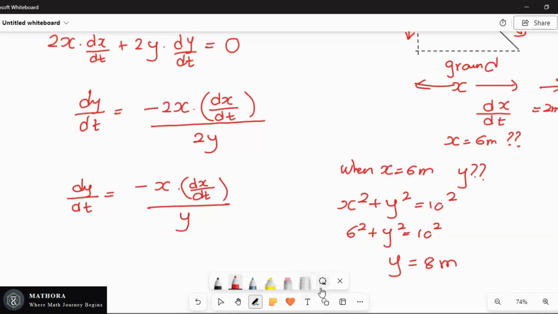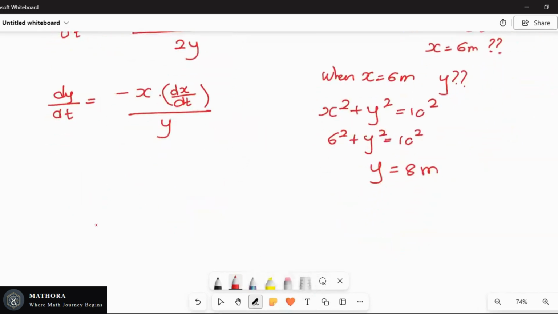Now we need to substitute x equals 6, y equals 8, and dx over dt, that is 2 meters per second. So let's substitute them all here. So negative 6 times 2 divided by 8. For 6 and 4, we can divide this by 2.